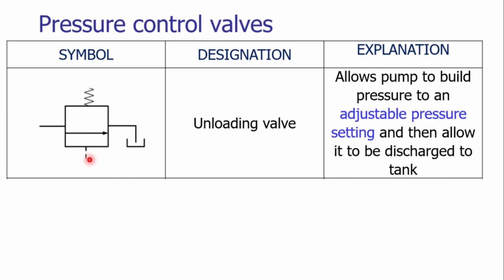When the external fluid pressure, the pilot pressure, is applied to safeguard the system, the valve will open and allow the excess pressurized fluid to pass through the valve, and that will be sent to the tank. In this way the unloading valve is controlling the pressure, and that has been designated by using a simple representation.